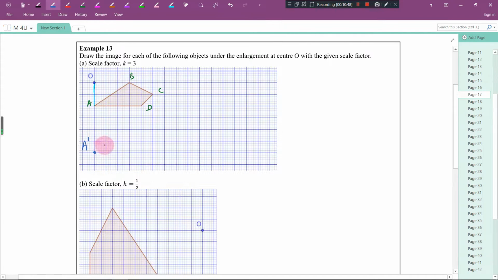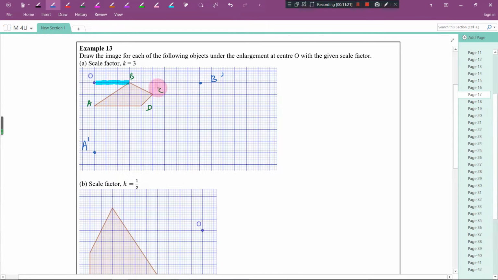This is the image of vertex A. Now let's go to vertex B. 1, 2, 3. 3 times 3, you will get 9. So start counting from the center. 1, 2, 3, 4, 5, 6, 7, 8, 9. This is B prime.